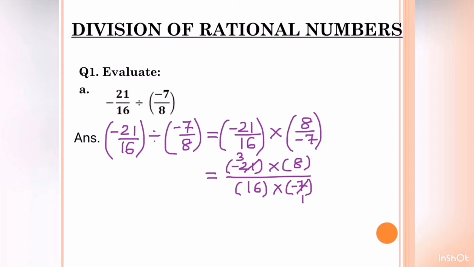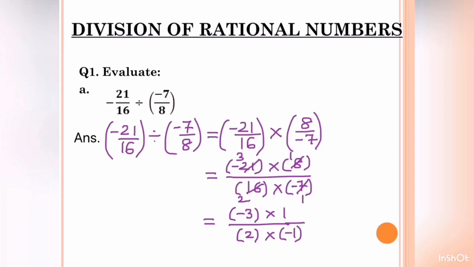And 8 and 16 have 8 as common factor. 8 times 1 is 8. 8 times 2 is 16. Now we are left with minus 3 times 1 in the numerator and 2 times minus 1 in the denominator.